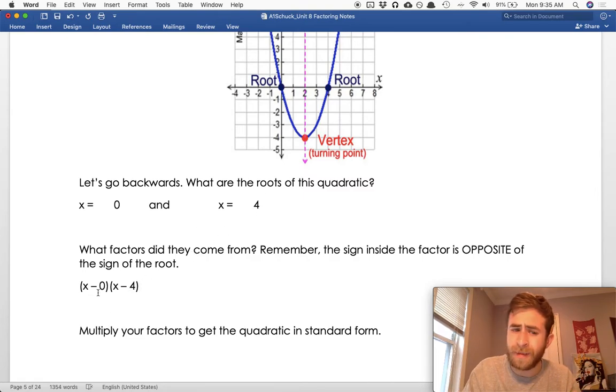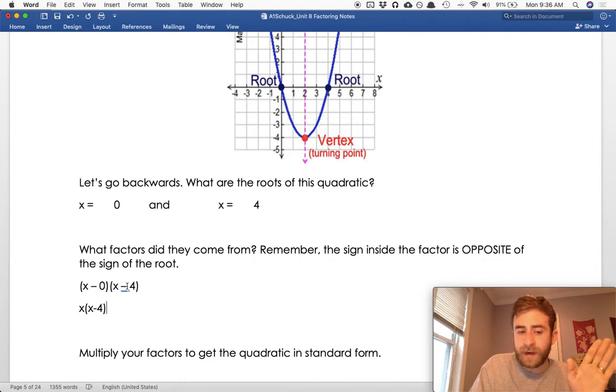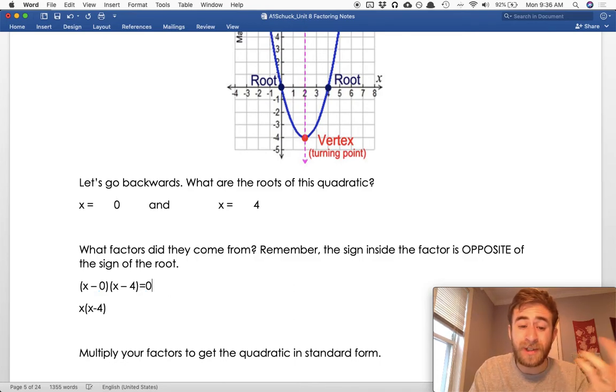It was 0, I mean, really, x minus 0, anything minus 0, you could really just write this, if you want to be fancy, as x, because anything minus 0 doesn't change it. But we'll leave it as this for now. So I'll just put an x minus 0 here. This is a positive 4, so I'll put an x minus 4 over there. And again, these are all equal to 0.